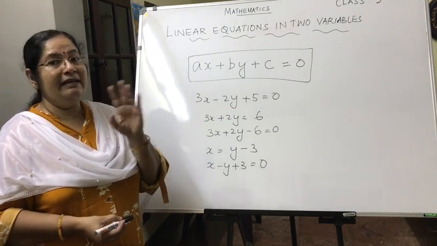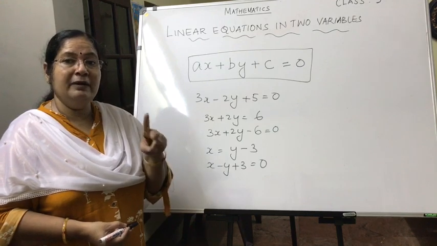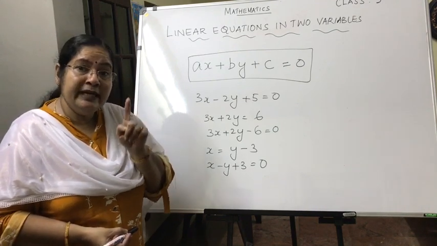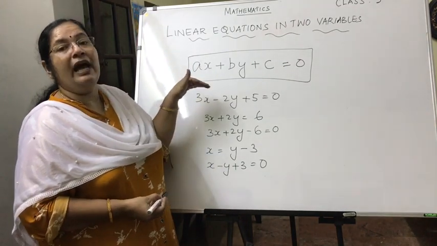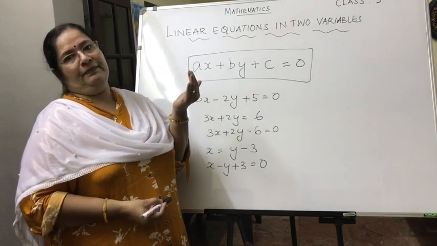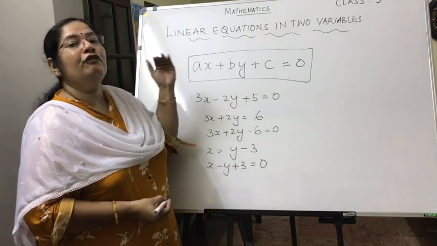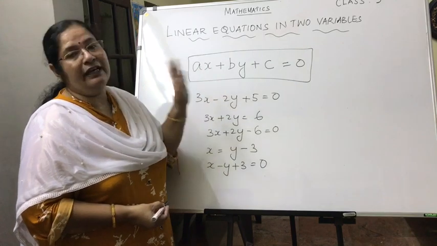So you should find the difference between a linear equation in one variable and two variables. In one variable, there is only a unique solution, only one solution. But in two variables, you have infinitely many solutions. That is, for every value of x, you get a value of y which will satisfy the equation.